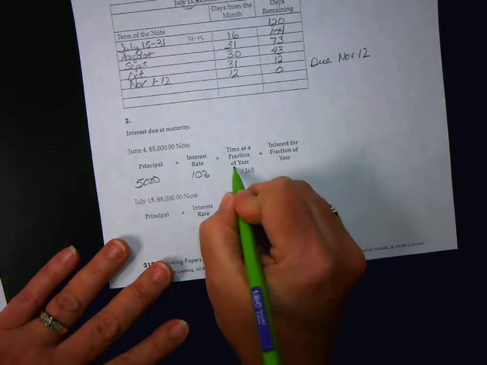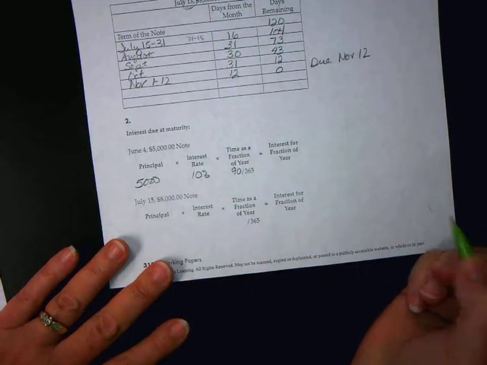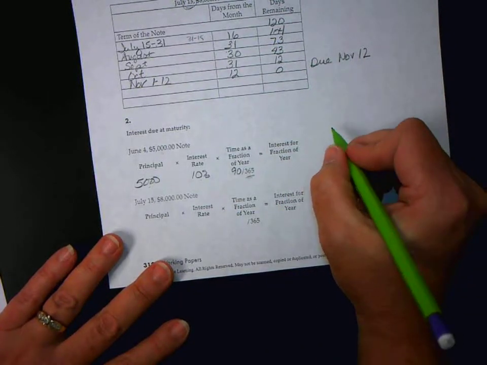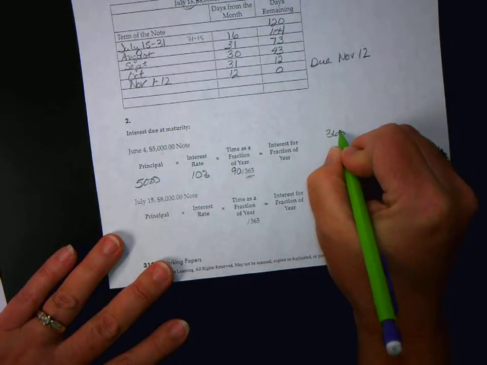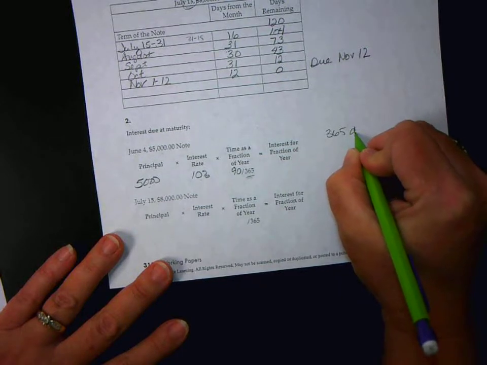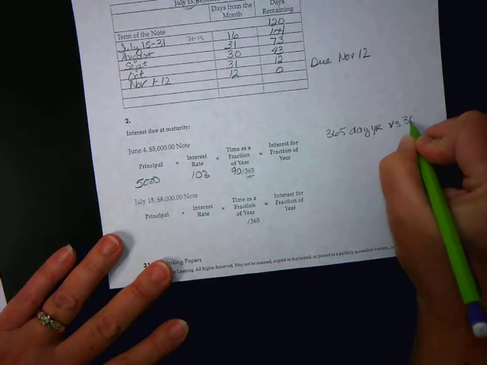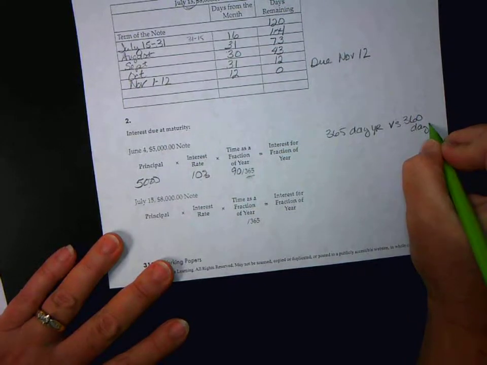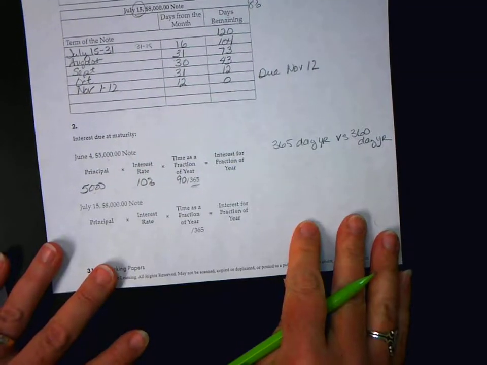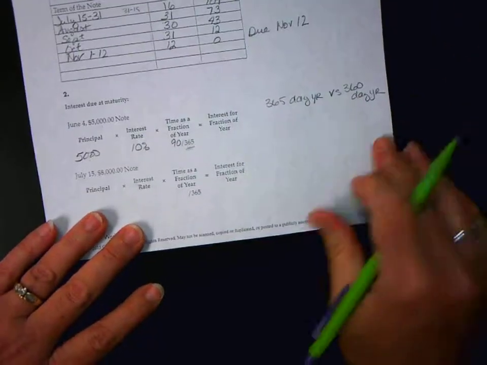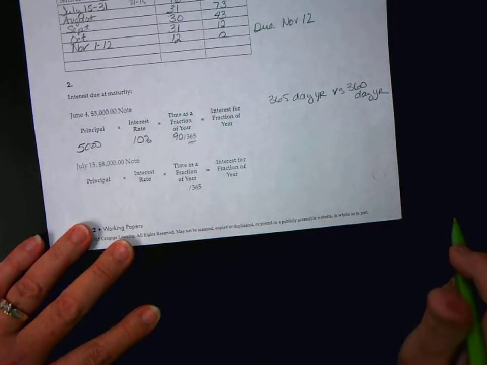So this was a 90-day note. Okay, and notice that we're using 365. There will be times that you may see a 360-day year used in financial functions or financial formulas. That just depends on the business.